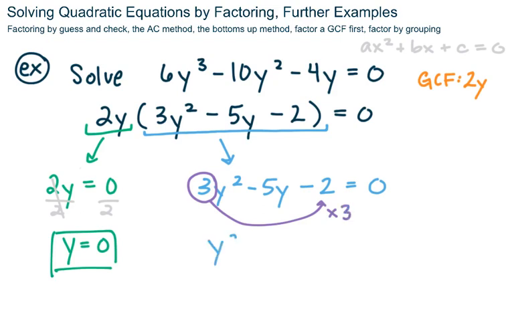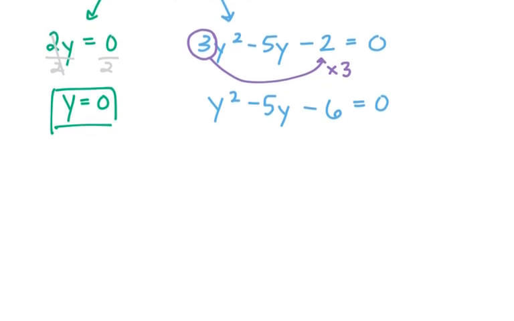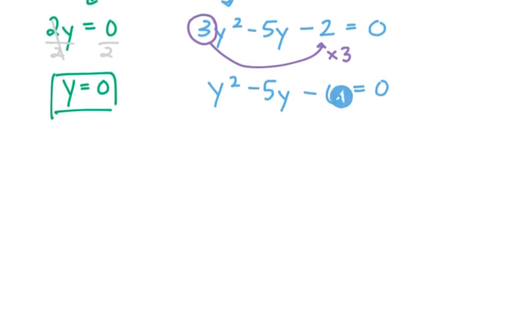Now I have y squared minus 5y, and that becomes minus 6. Most students find that once that leading coefficient is 1, that this problem becomes much easier to solve. So looking at two factors of negative 6, and we're going to be looking for those two factors to add to equal negative 5.